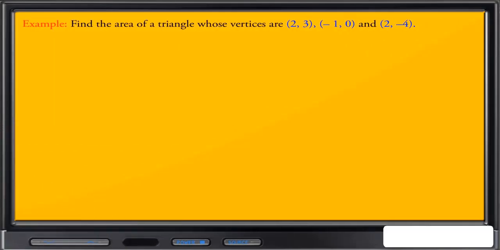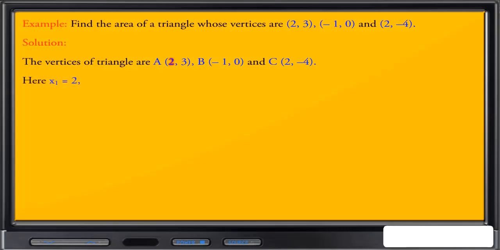Find the area of a triangle whose vertices are (2, 3), (-1, 0) and (2, -4). The vertices of the triangle are A(2, 3), B(-1, 0) and C(2, -4).